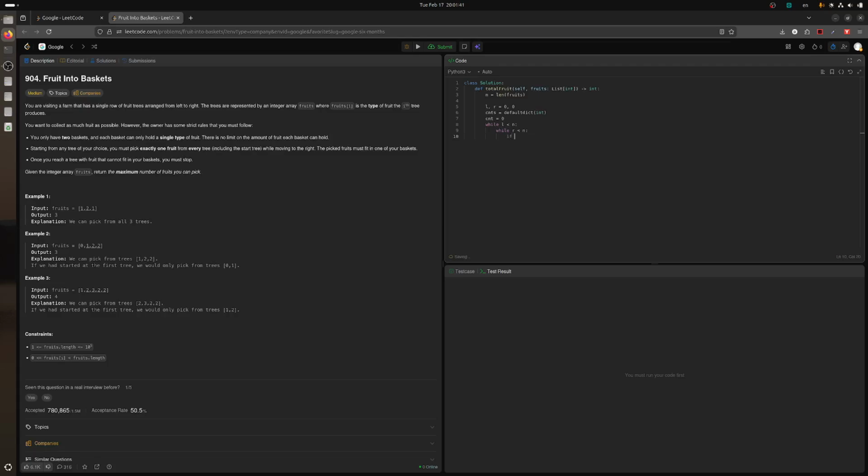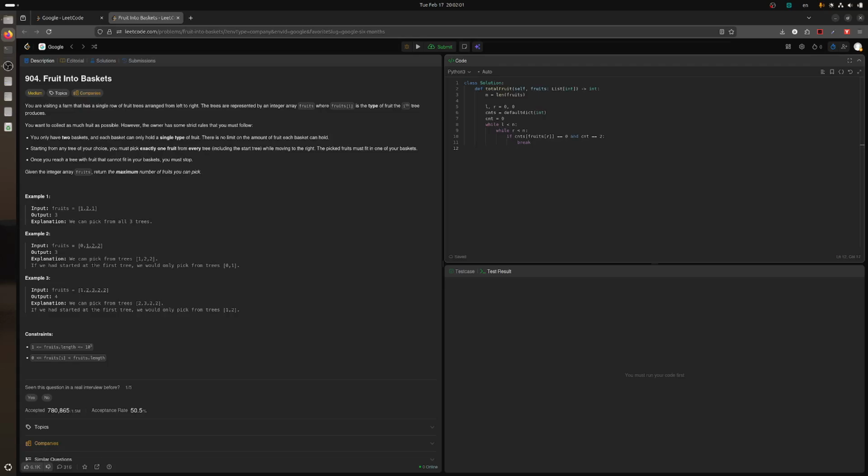If count of fruits r is 0 and count is 2, break, right? So we cannot take this fruit because that would be the third fruit we have, great.